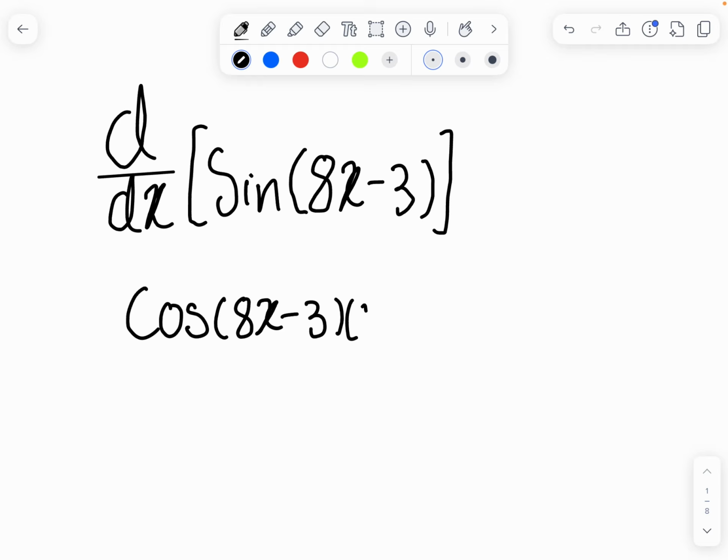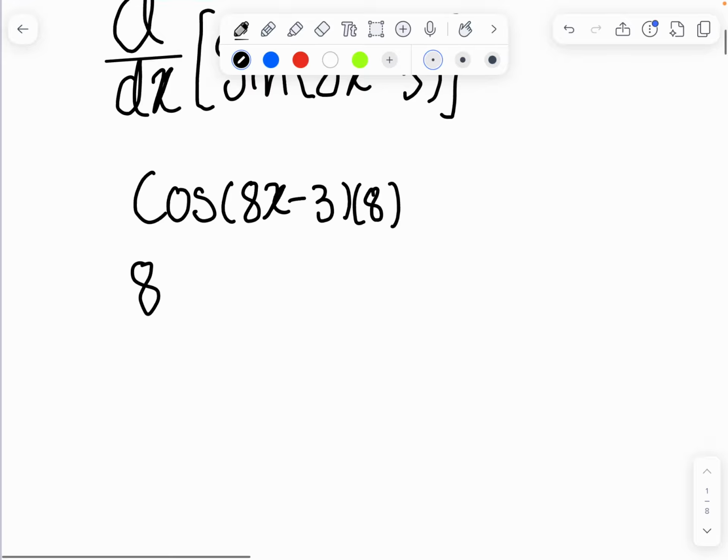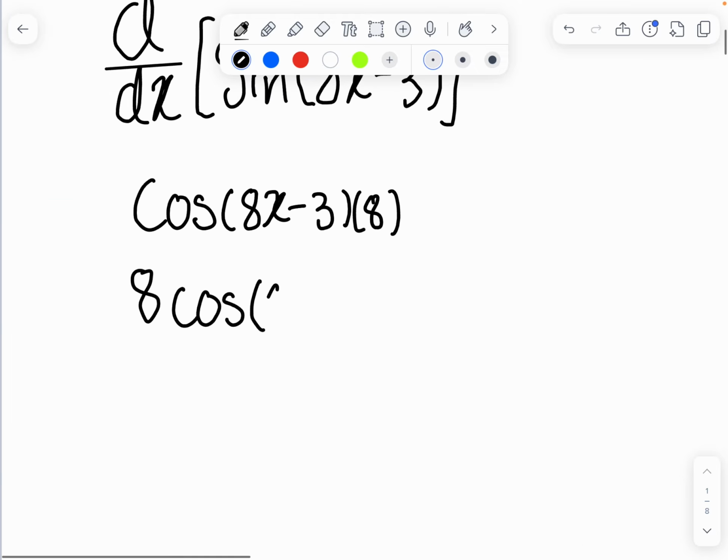The derivative of 8x minus 3 is 8, so we multiply by 8. And we can just move 8 to the front, and you get 8 cos 8x minus 3. And this is our answer.